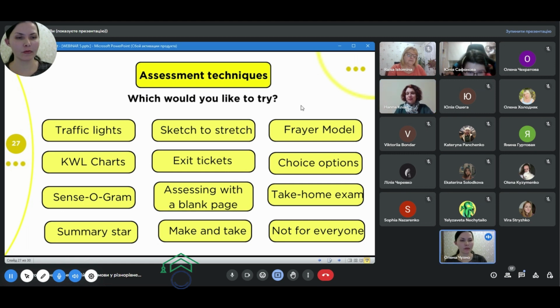This technique can be used before you introduce the new material, and while you're doing that. If you use that as a diagnostic test or as a pre-assessment technique, then you can just start your lesson with, today we're going to learn, for example, a grammar topic.